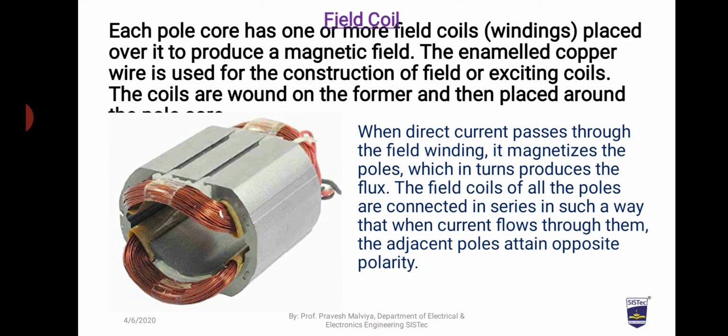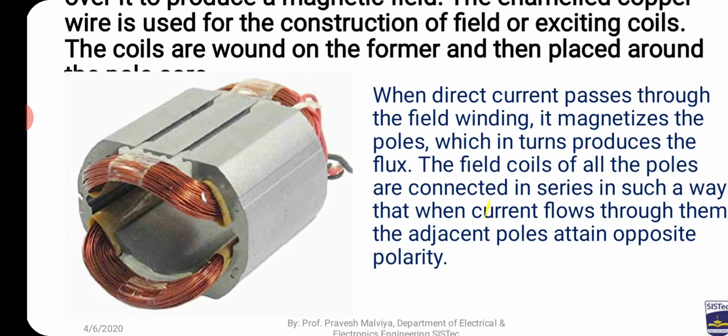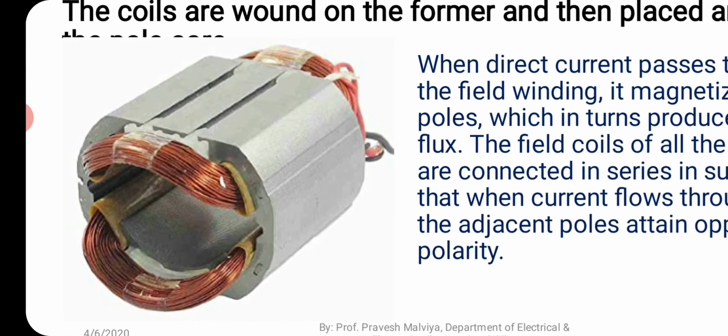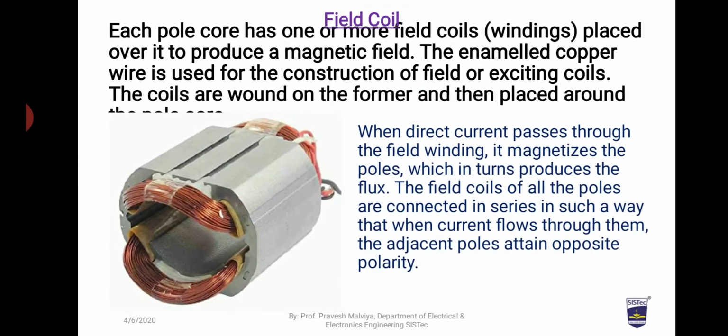When DC current is passed through this field coil, a flux is set up in the entire core, and when that flux links with the armature conductors, it produces torque in the entire rotor.